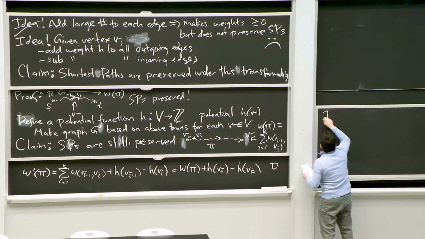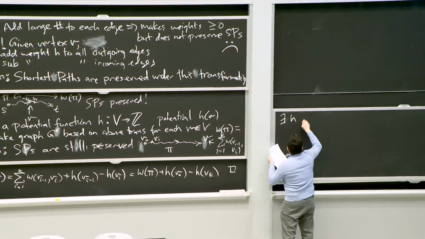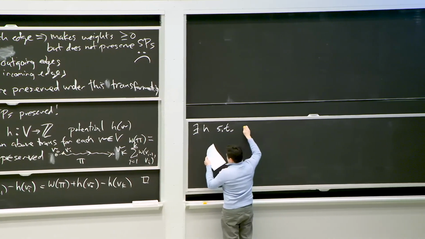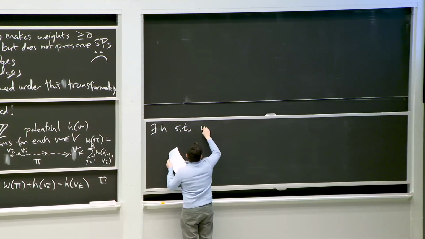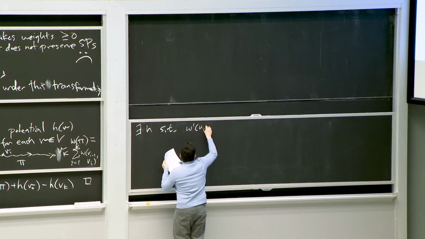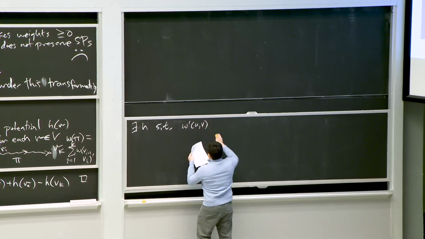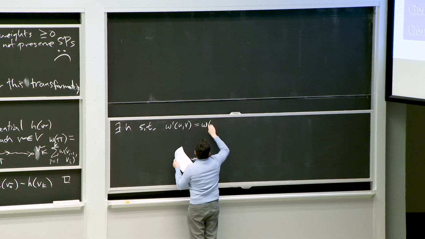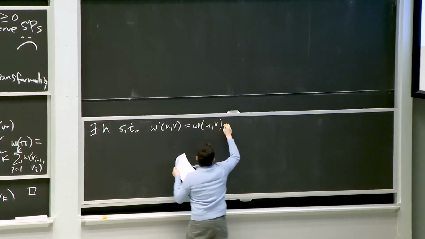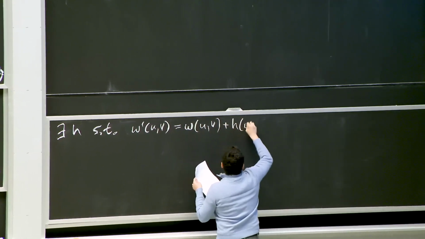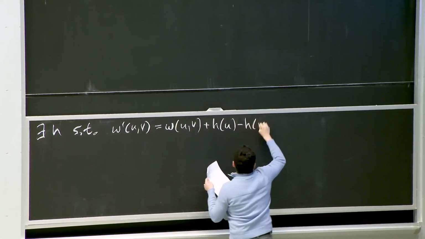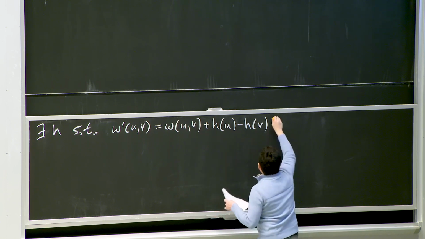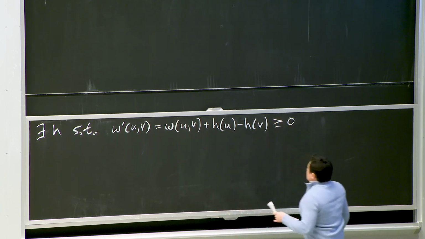So does there exist an H such that the weights are all positive? What does that mean? W prime of UV, right? The weight in my new graph G prime, I want each of these modified weights to be non-negative.